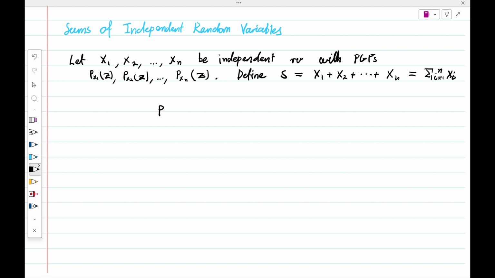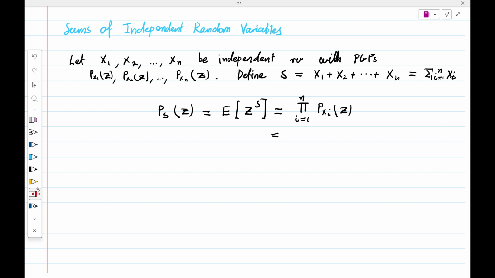The probability generating function of S, which of course we define as the expected value of z to the S, will actually equal the product of all the respective probability generating functions. So this is the shorthand notation.